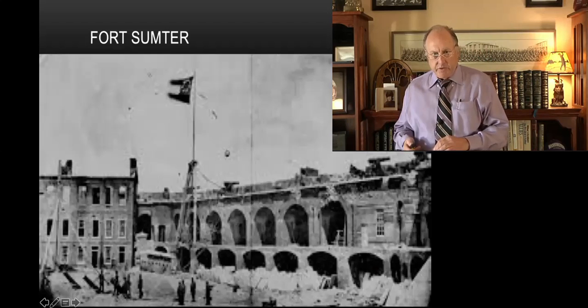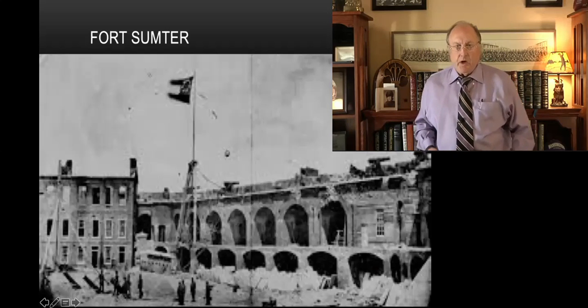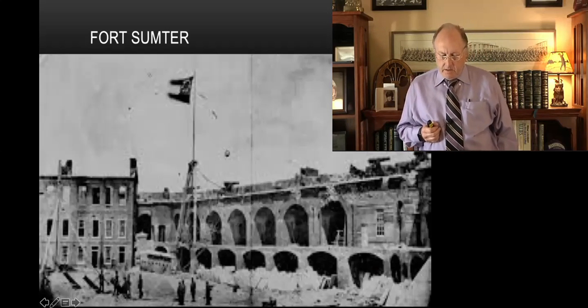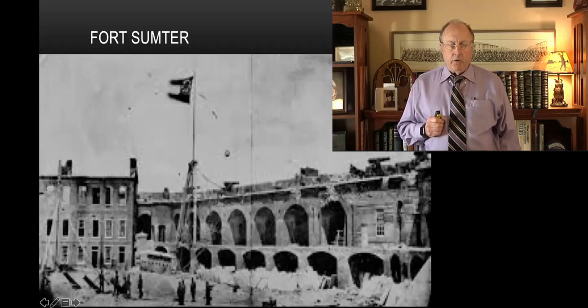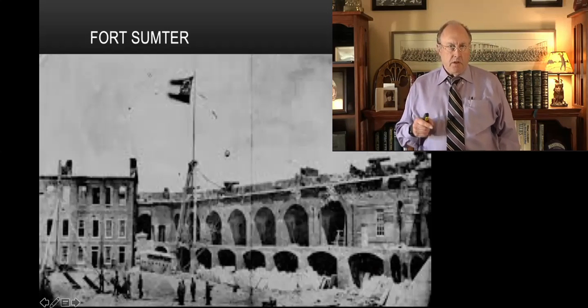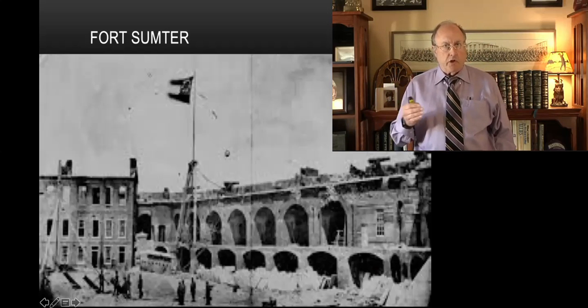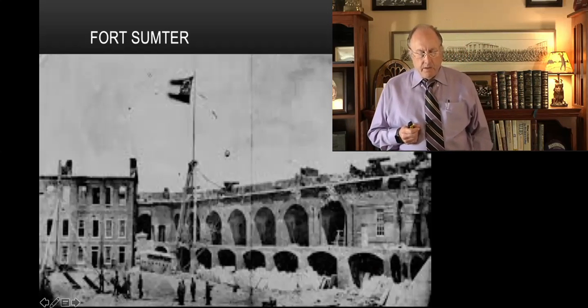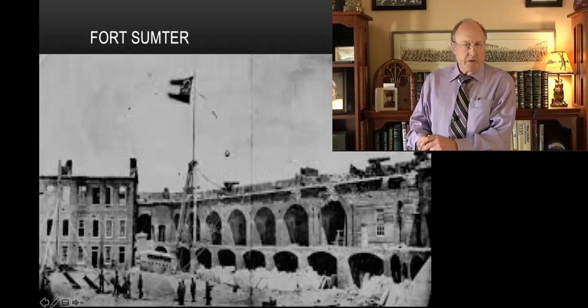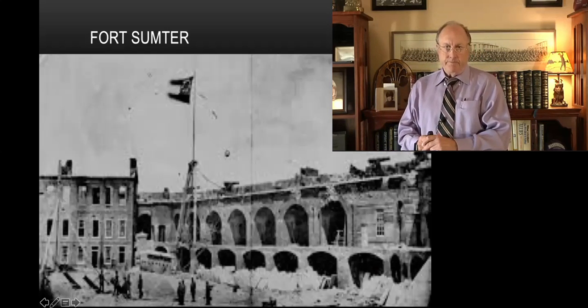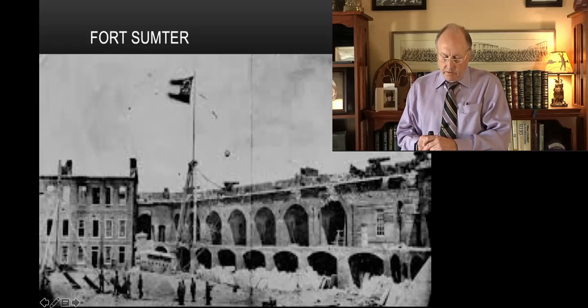Major Robert Anderson and his brave men at Fort Sumter endured 33 hours of bombardment from the artillery of Beauregard's guns that ringed Charleston Harbor. And then they resigned themselves to the inevitable defeat. The surrender of Fort Sumter galvanized the North.